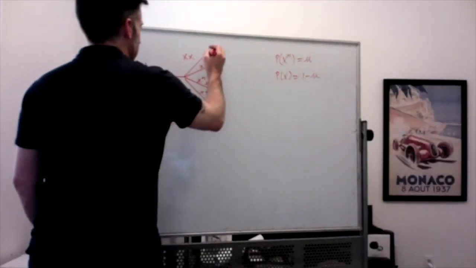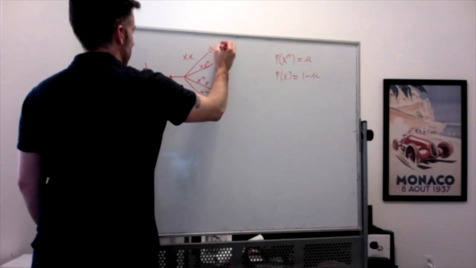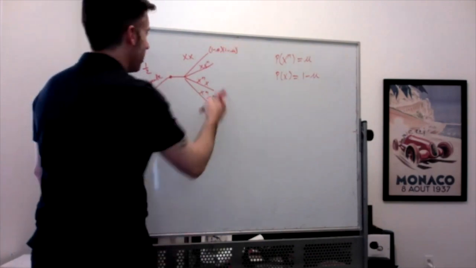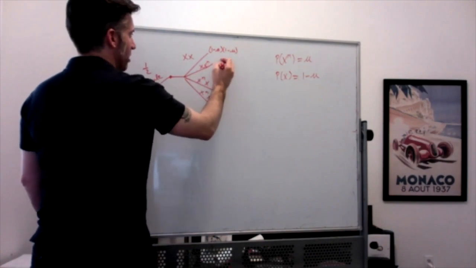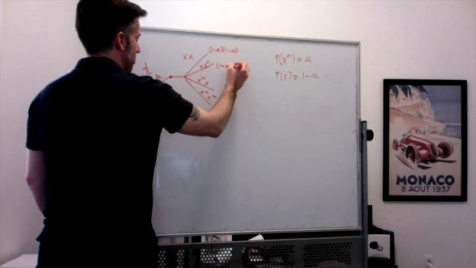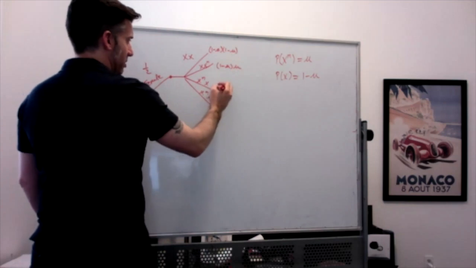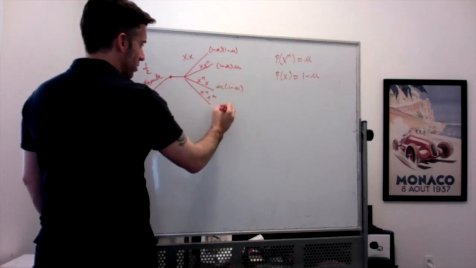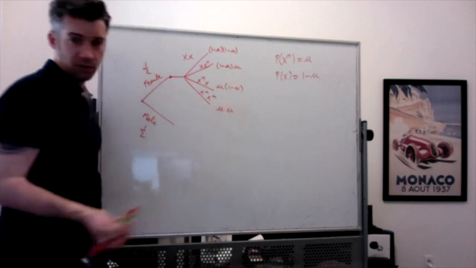So XX is going to be 1 minus mu times 1 minus mu, or 1 minus mu squared. XXM is going to be 1 minus mu times mu. XMX is going to be mu times 1 minus mu. And XMXM is going to be mu times mu, which is mu squared.